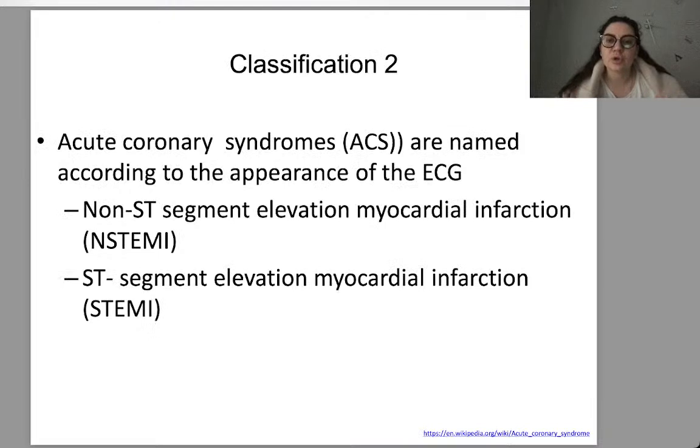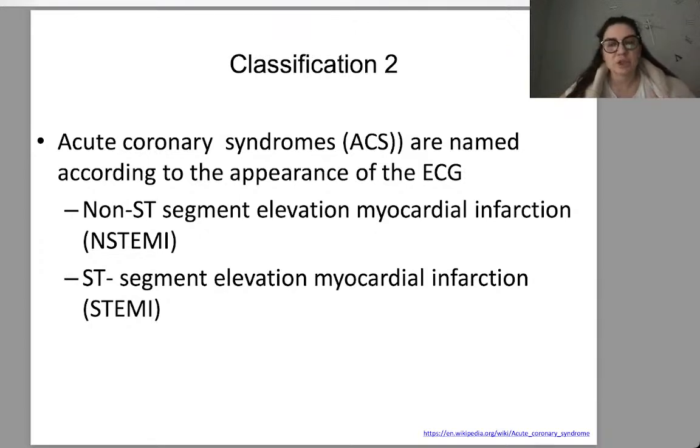Acute coronary syndromes are named according to appearance on ECG. The main difference between the two main types of myocardial infarction is the presence of ST elevation on ECG. In earlier literature, in older classifications, you can meet terms like Q positive or Q negative myocardial infarction.